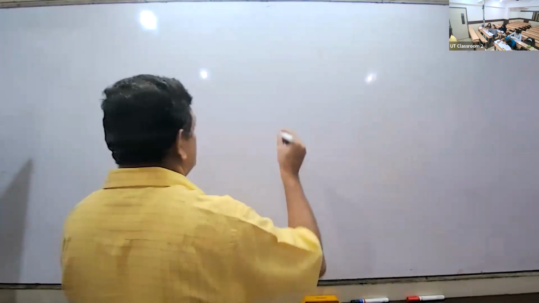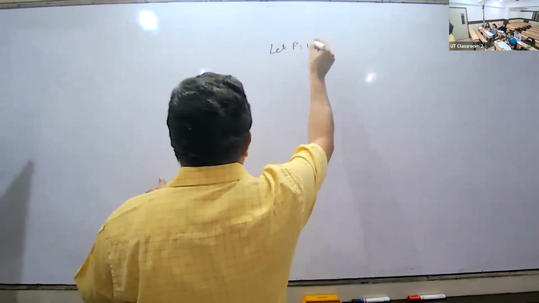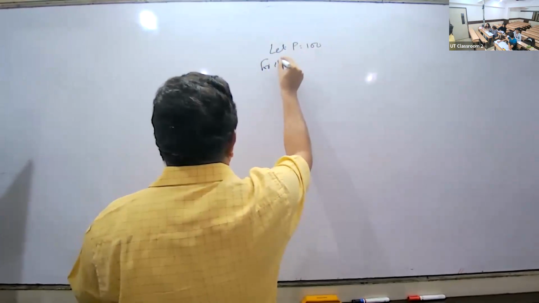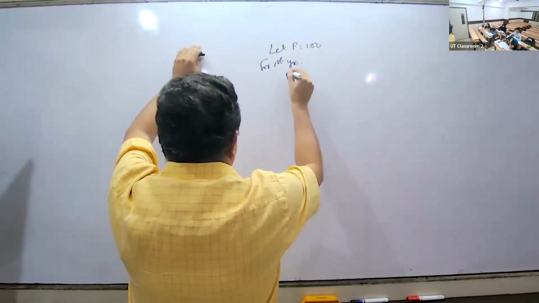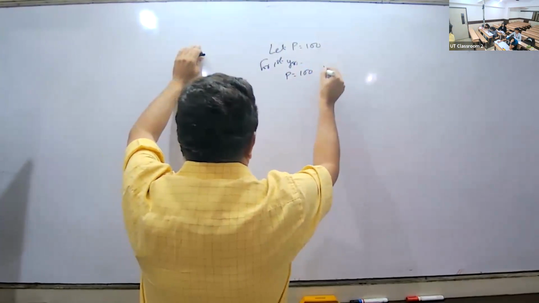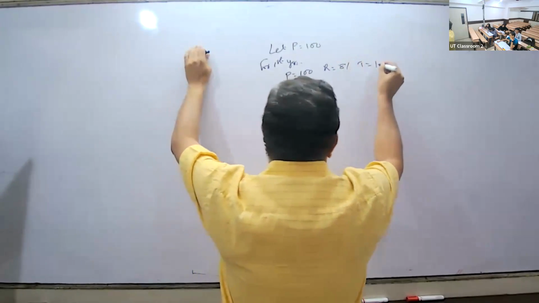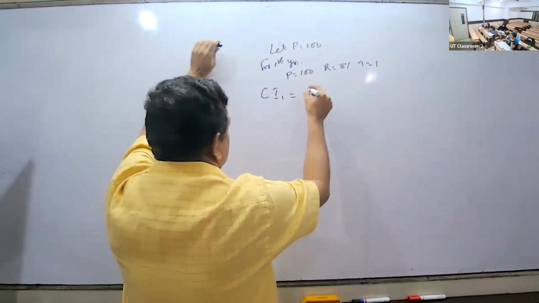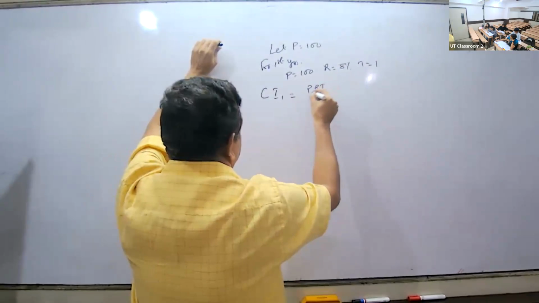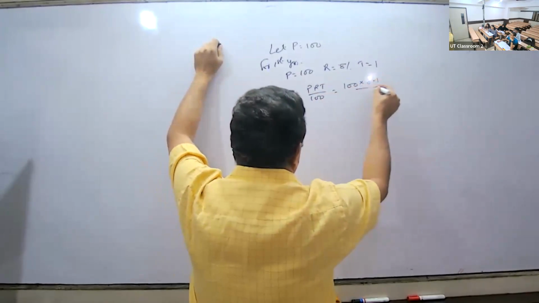For the first year, P is 100, R is 8%, T is 1 year. Therefore, CI1 is equal to PRT upon 100, 100 into 8 into 1 upon 100.